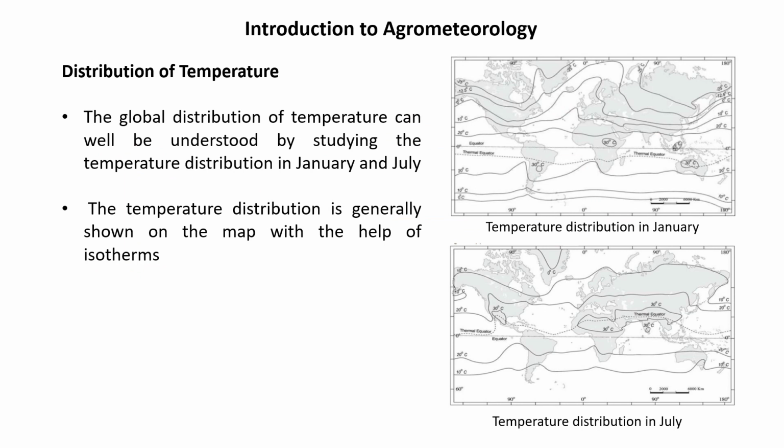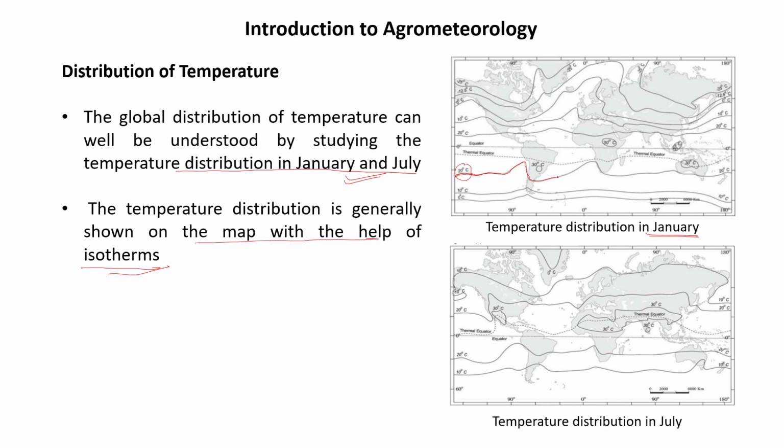Distribution of temperature. The global distribution of temperature can well be understood by studying the temperature distribution in the January and July months. So here we can see some lines on the world map. What is that? The temperature distribution is generally shown on the map with the help of isotherms. So here in the month of January, suppose I'm taking this example, 20 degrees centigrade, we are drawing a line that has the same temperature.